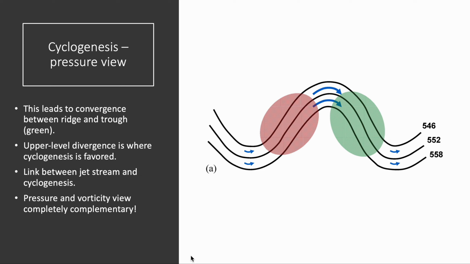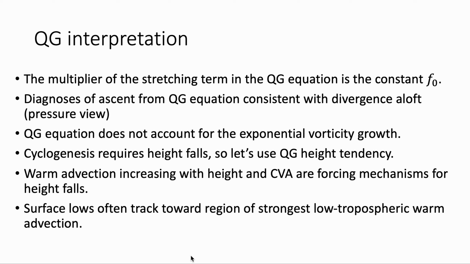And this is also a nice way of looking at this problem because it ties together the jet stream and the cyclogenesis problem. And of course, these two perspectives can also come together into the QG framework, where things can be sort of related.